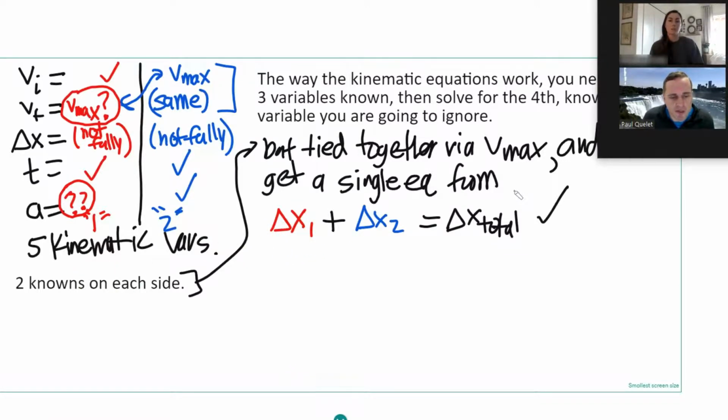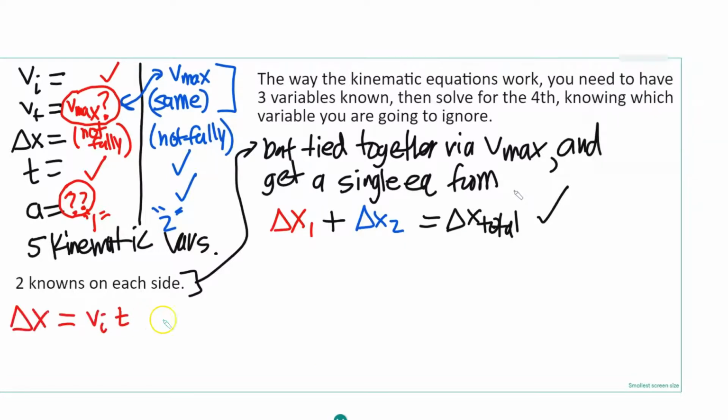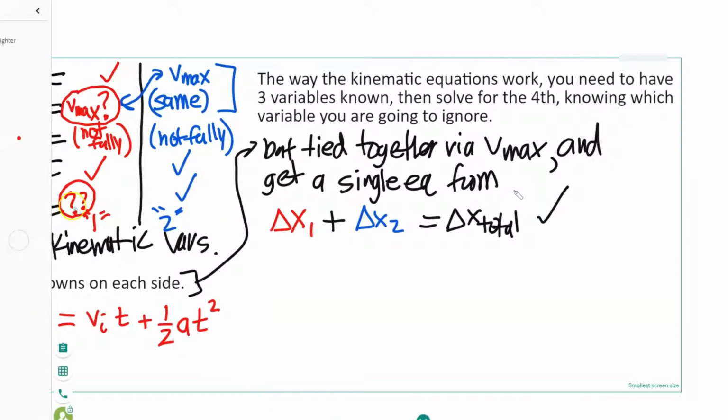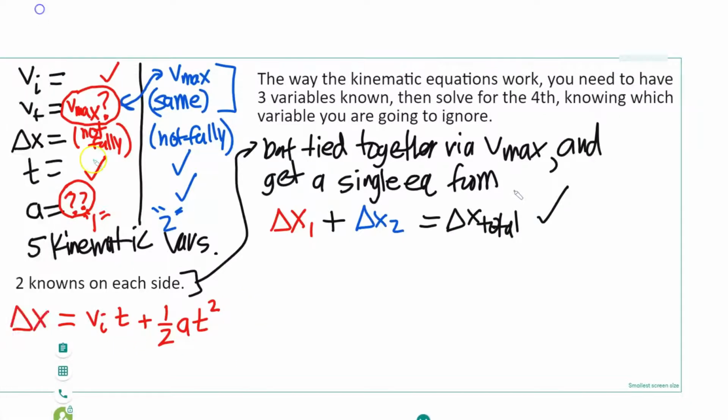So what's one of the kinematic equations that has delta x on one single side? Yes, plus what else? Plus 1/2 at squared. It turns out this equation is if you're accelerating. Okay, so this is sometimes called the displacement curve.